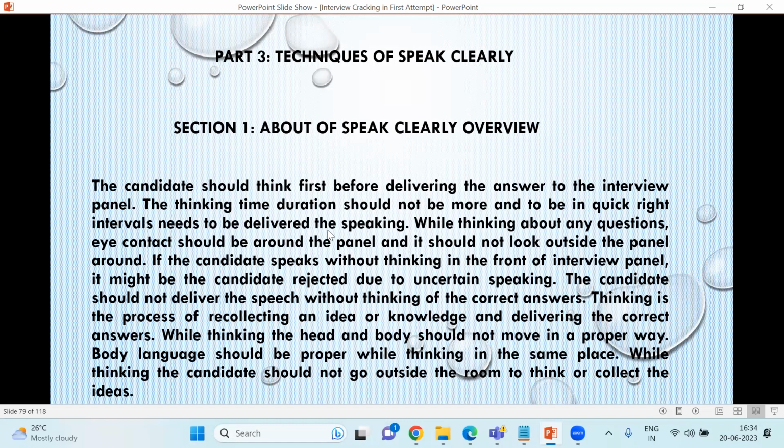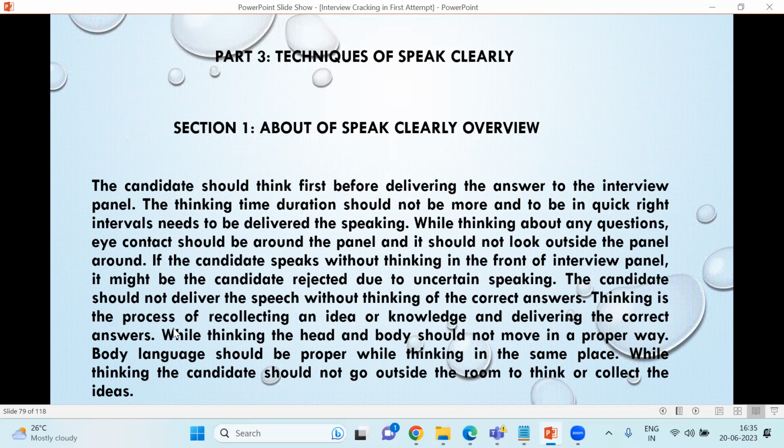While thinking about any question, eye contact should stay around the panel and the candidate should not look outside the panel. If the candidate speaks without thinking in front of the interview panel, the candidate might be rejected due to uncertain speaking. The candidate should not deliver a speech without thinking of the correct answer.